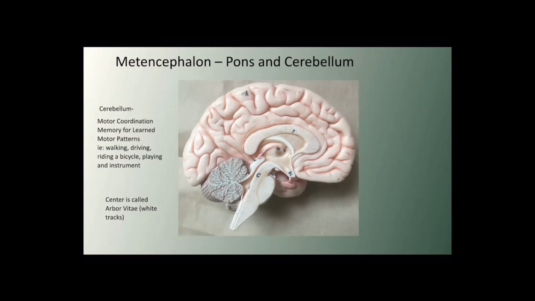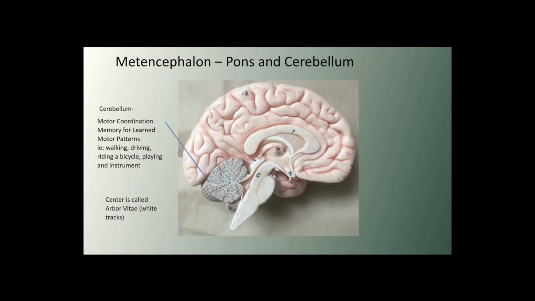Remember, when you think cerebellum, think motor coordination, memory for learned motor patterns. For example, walking, driving, riding a bicycle, playing an instrument. And right in the center of that cerebellum, we have what's called the arbor vitae. That's those white tracts you see in the center of the cerebellum. Arbor vitae, which means tree of life.